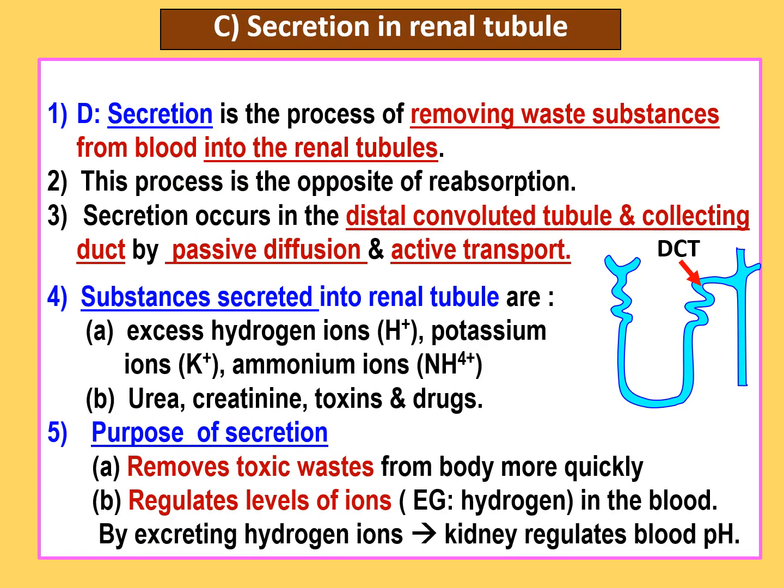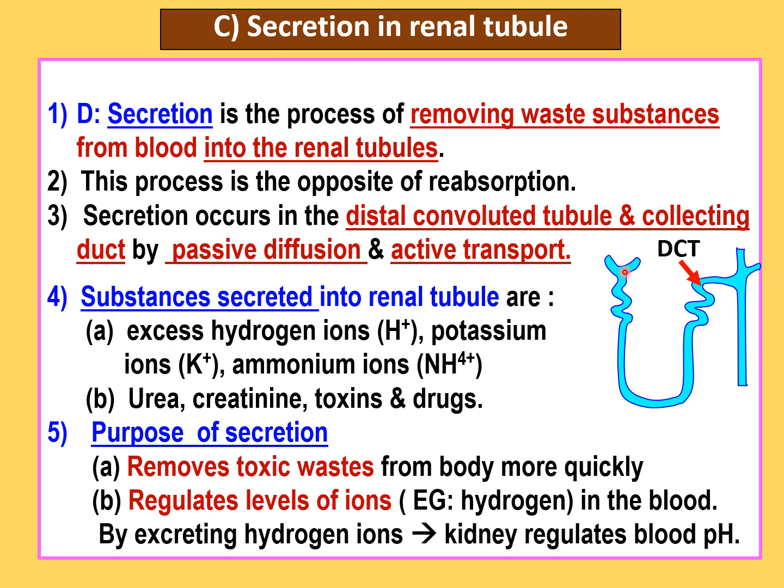Here are the notes on secretion in the renal tubule. Secretion is the process of removing waste substances from blood into the renal tubules or nephrons. Actually, some waste substances are filtered out during ultrafiltration into the Bowman's capsule.